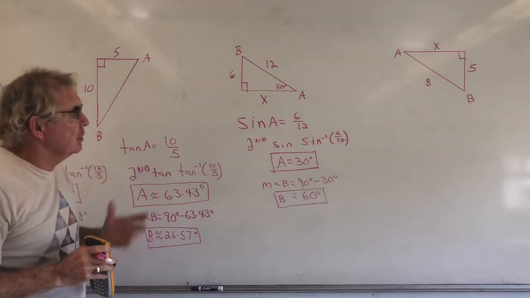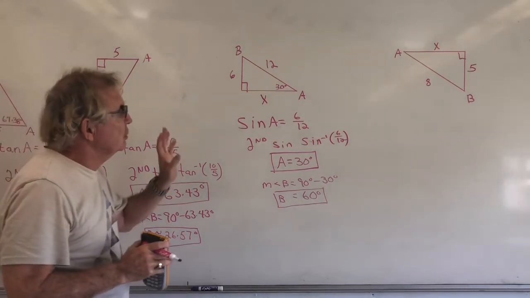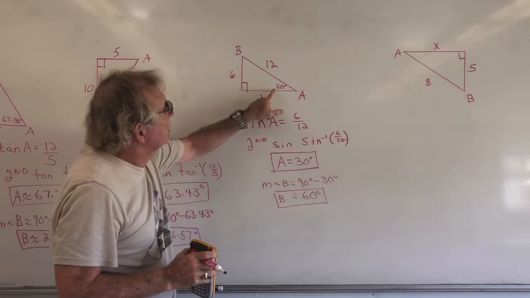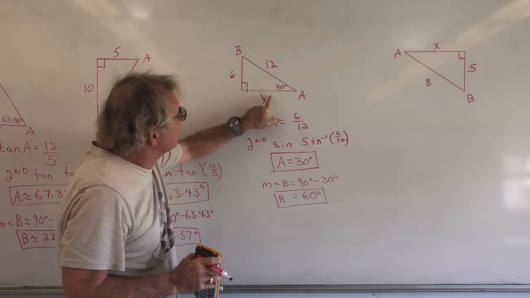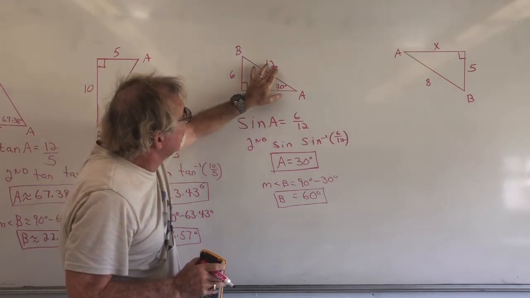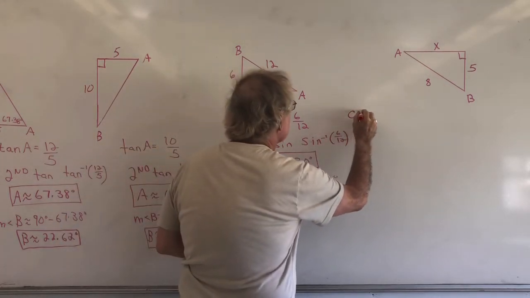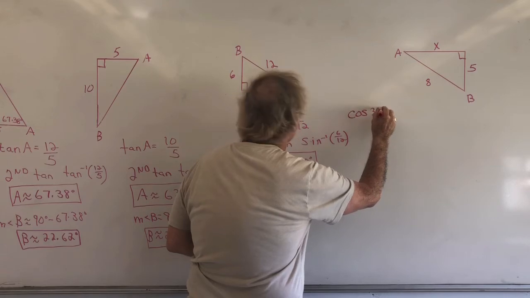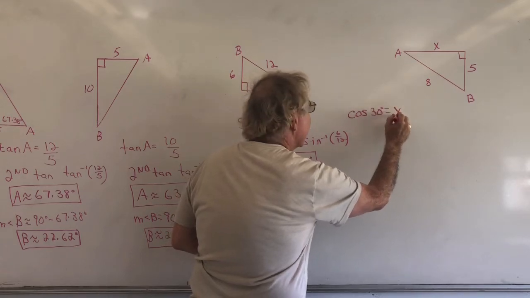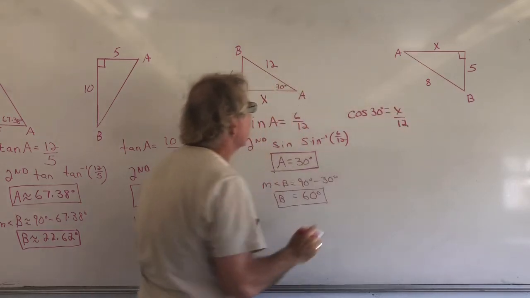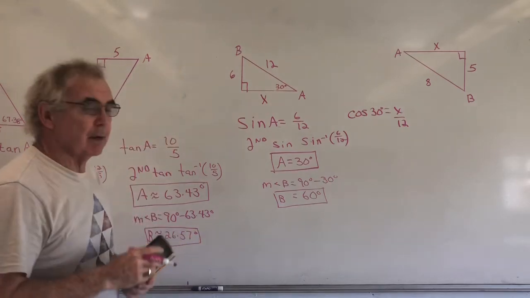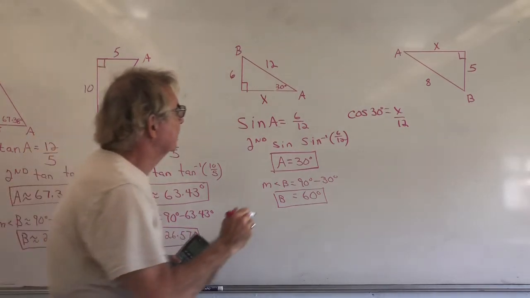Well, let's use trig again. Let's just use the 30-degree angle. Since we know that's 30 degrees, this is the adjacent and this is the hypotenuse, and that would open up the cosine of 30 degrees is the adjacent x over the hypotenuse 12. Now we're back to finding a side.